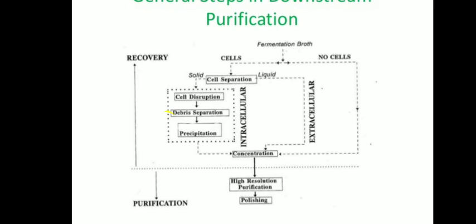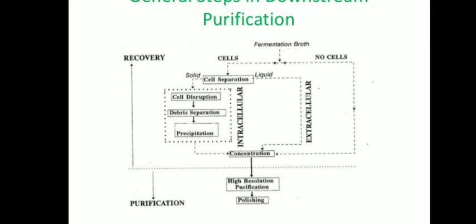Now, it completely depends on whether your product is intracellular or extracellular. As we all know, in the fermentation process we use different types of microbial strains, and these microbial strains are responsible for the conversion of your substrates into product. While performing this process, the microorganism has the ability to produce the desired product by two different means.